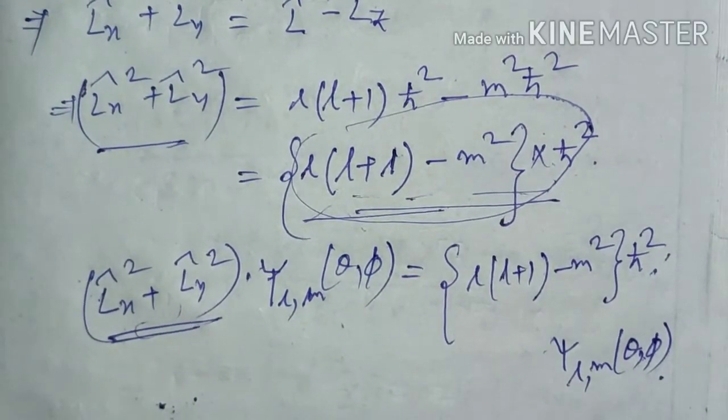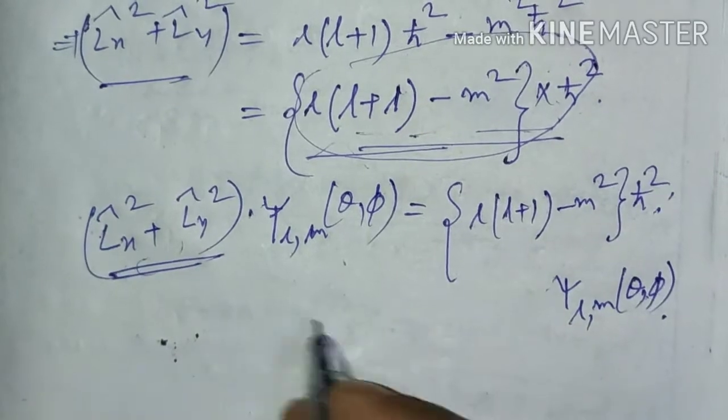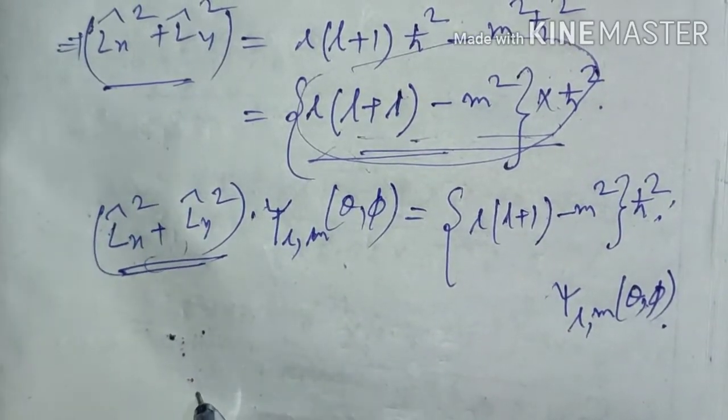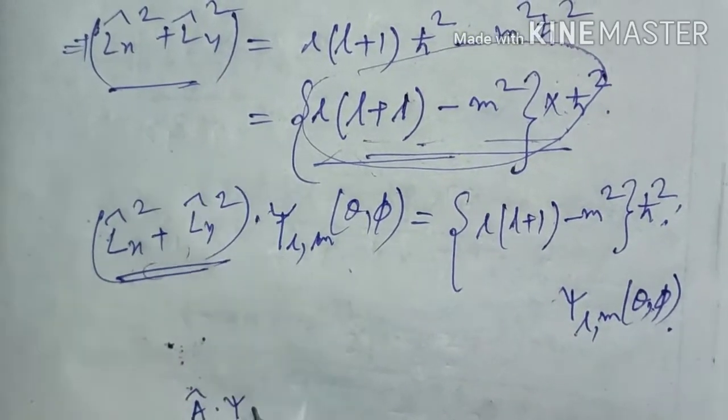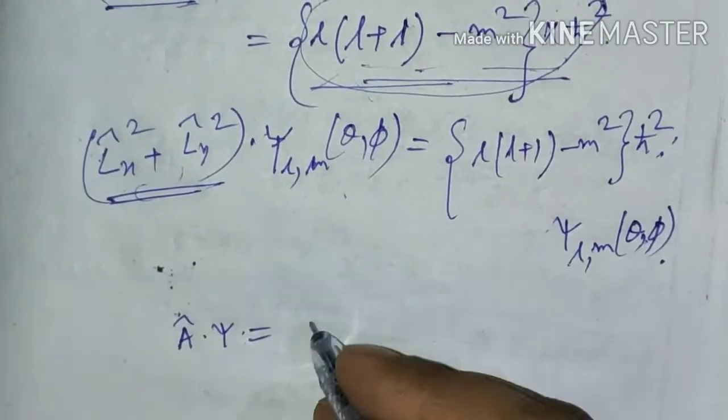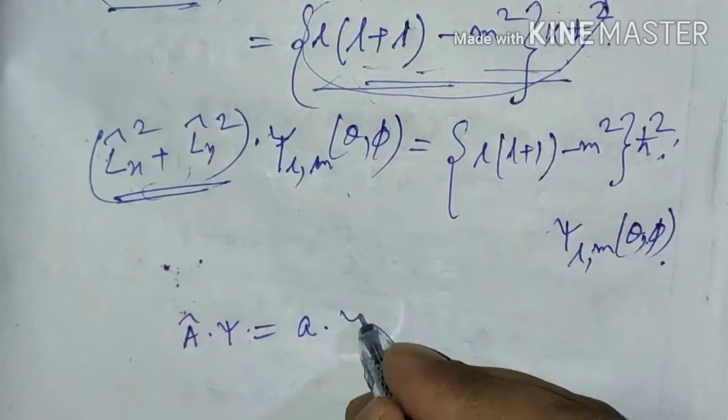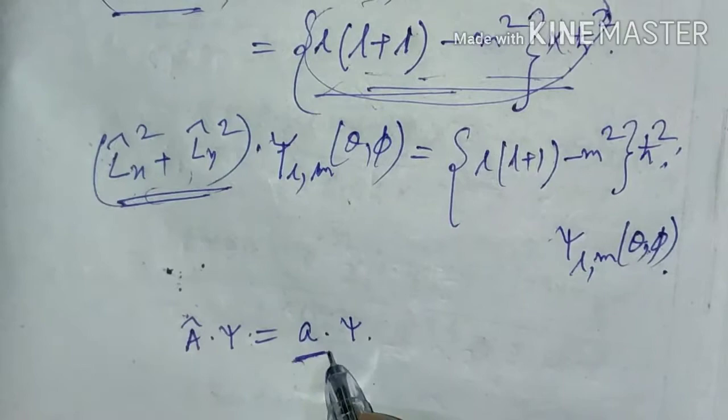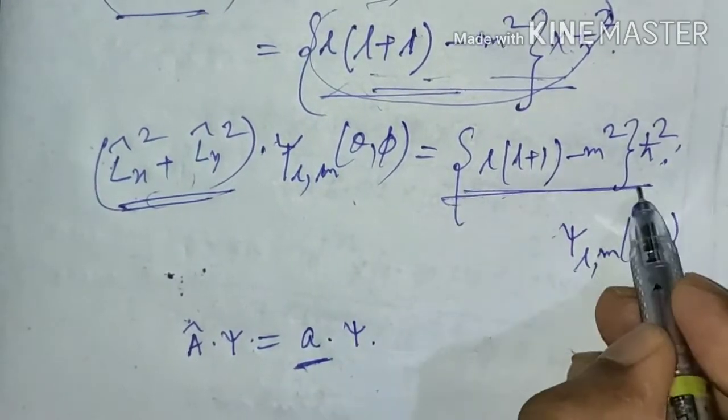We can see that we can transform it in the form that an operator operating on an eigenfunction is equal to eigenvalue into the same eigenfunction. Here the eigenvalue is this value.